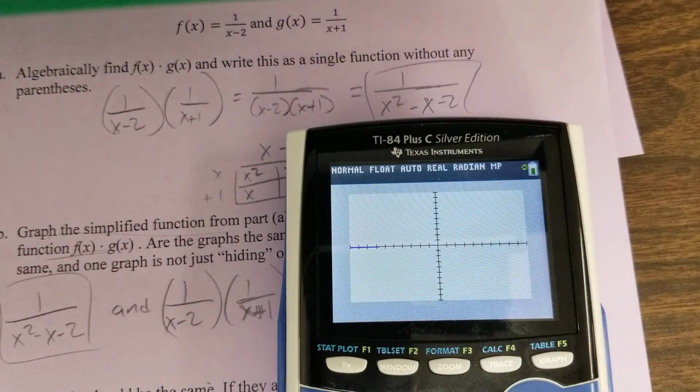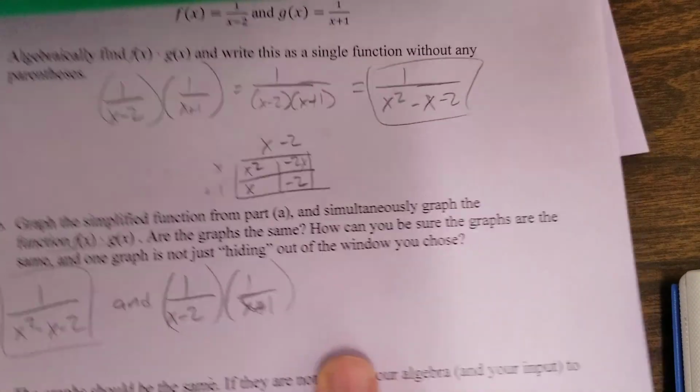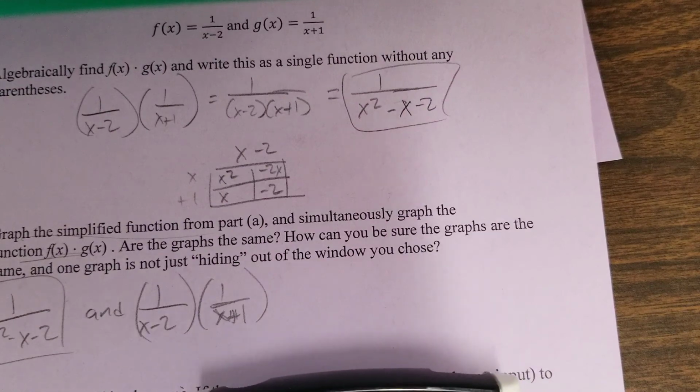Now when I hit graph, I get my first graph. And in this case, being colored, I can see that the graph is tracing right on top of the other. If you had the black and white calculator, it's asking how can we be sure they're not the same and not one's just hiding out of the window.